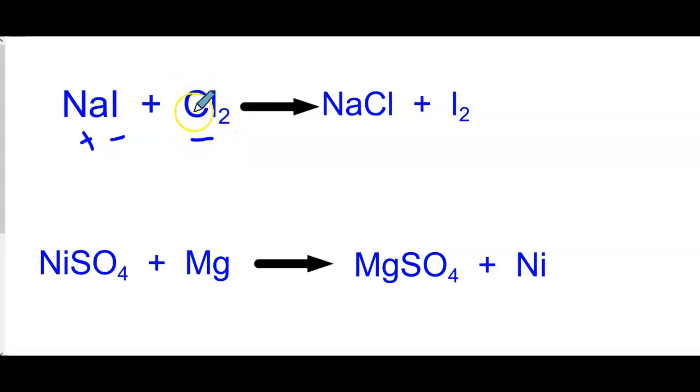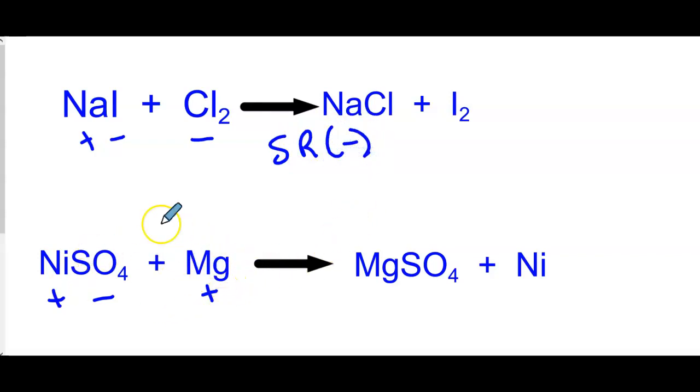How do I know? I look at my ion sheet and I see that Cl would be a negative, not a positive. Down here, nickel is positive and SO4 is a negative piece, and magnesium is by itself. What would it form if it formed an ion? A positive. So what's kicking out what? The thing by itself is negative, so this would be a single replacement anionic.